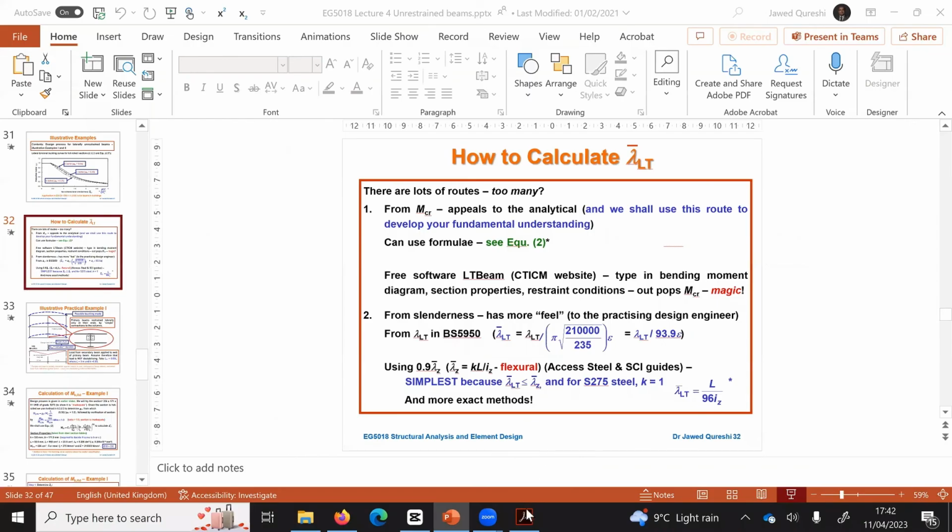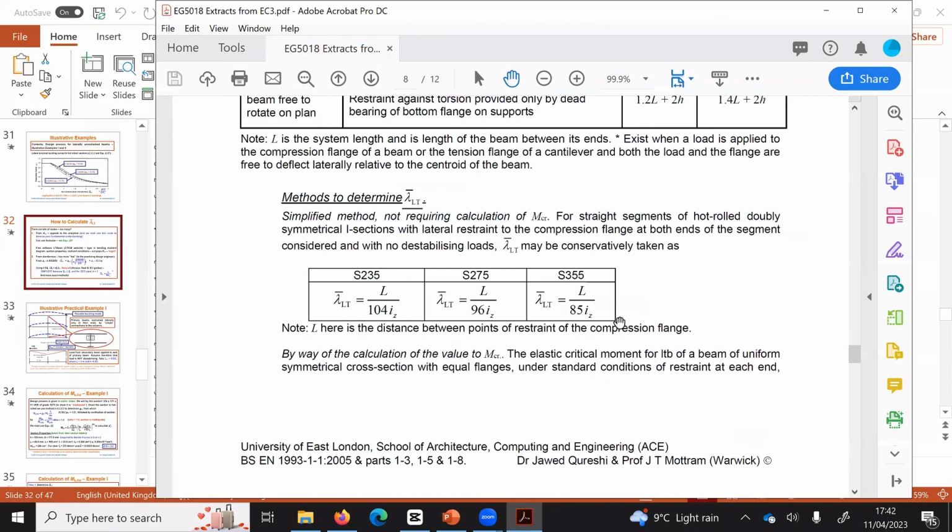For other types of steels, please refer to the Extracts to Eurocode 3 guide, which is mentioned in the link down below. For S275 steel, lambda LT is equal to L over 104 iz. For S355 steel, lambda LT is equal to L over 85 iz, where iz is the radius of gyration.